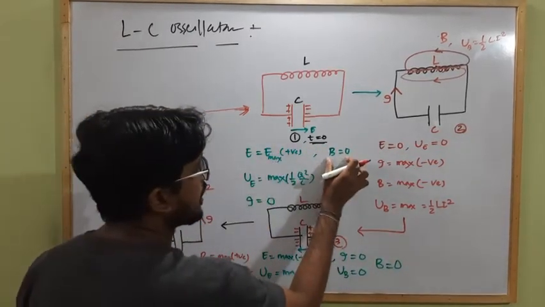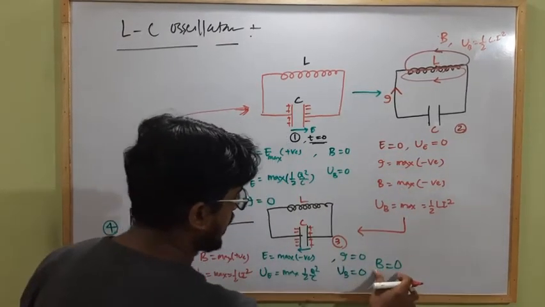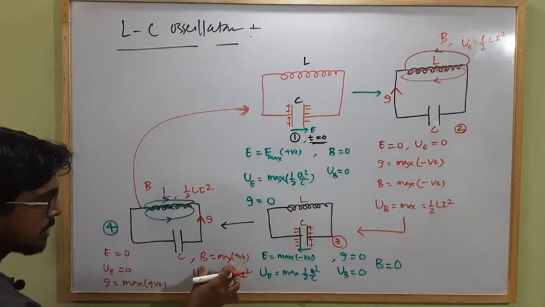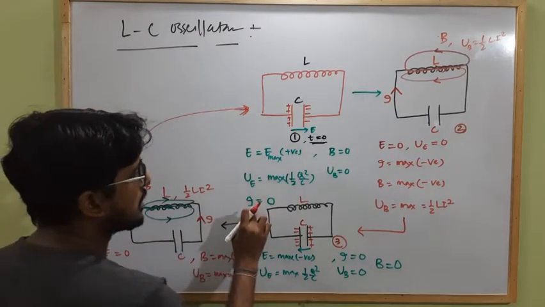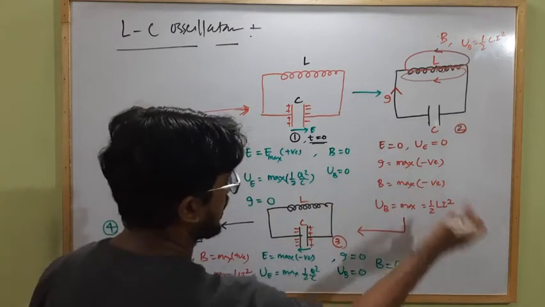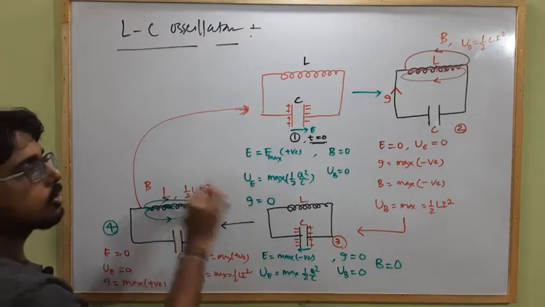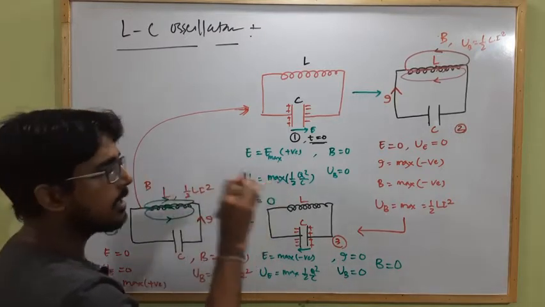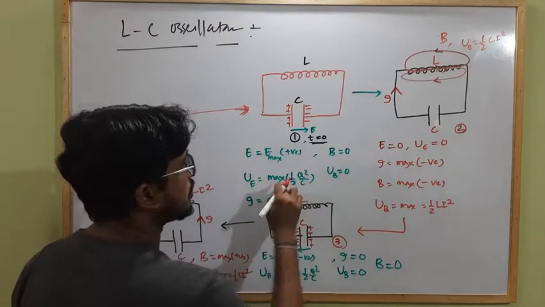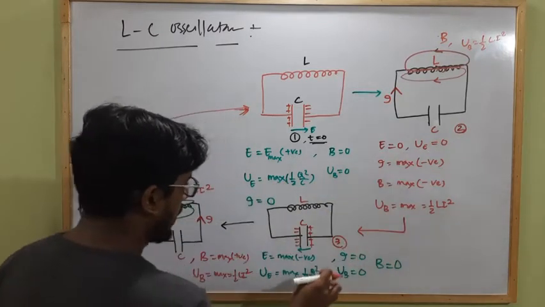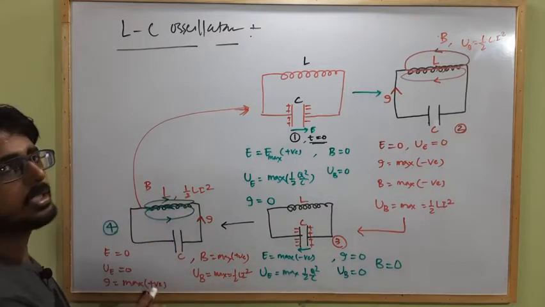Similarly the magnetic field is 0, then maximum in negative, then again 0, then maximum in positive, then again 0. Similarly the current is initially 0, then maximum in negative, then 0, then maximum in positive, then 0. So the electric field, magnetic field, current and also the energy, maximum, 0, maximum, 0, are all oscillating. That's why it's known as an LC oscillator.